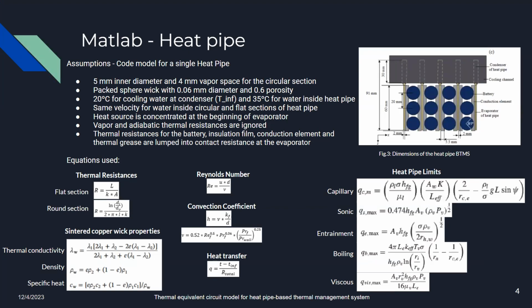So we have assumed they are using a packed sphere. And we do not have any values for the internal manufacturer components of this heat pipe. So we went with an assumed 0.6 millimeter diameter and 60% porosity, which was given in the paper. They use a 20-degree cooling water, and the average temperature for the water inside the heat pipe is 35 degrees.